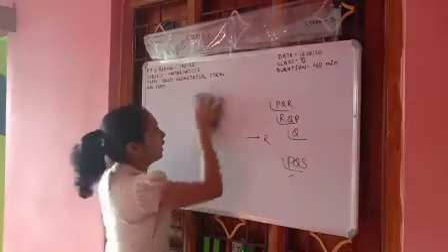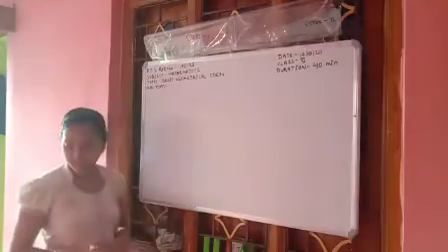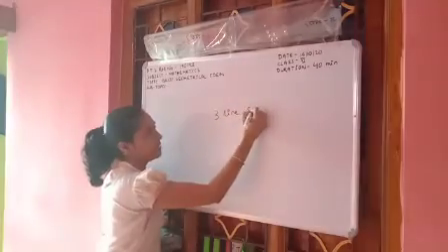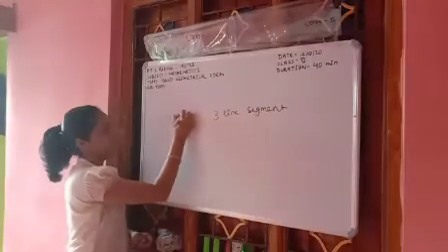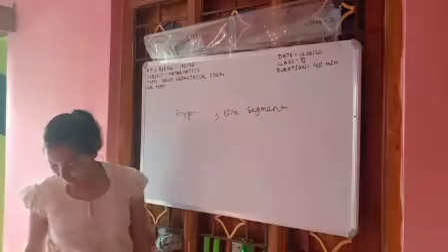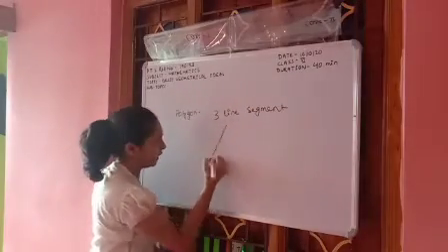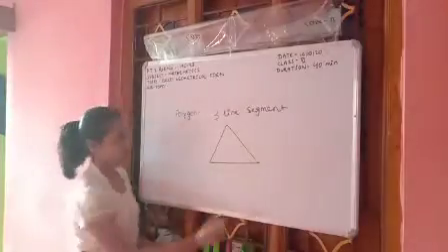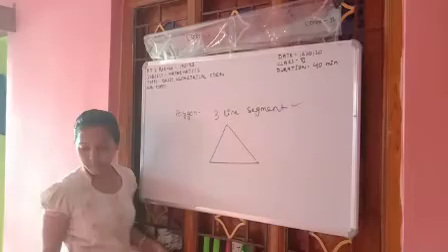Then please draw a polygon using three line segments. Do it first. Yes, very good. You have done it well. It is made up of three line segments.